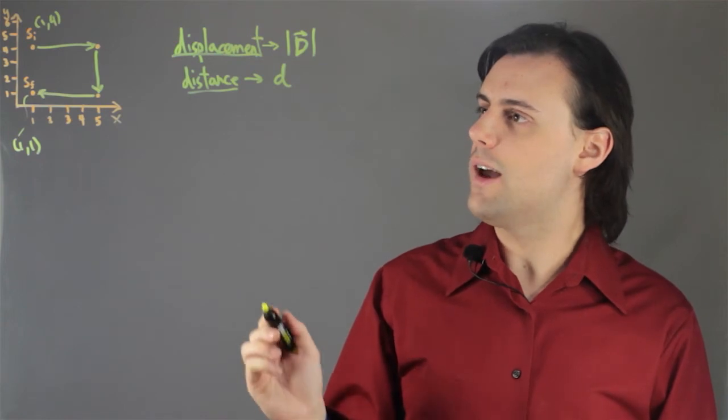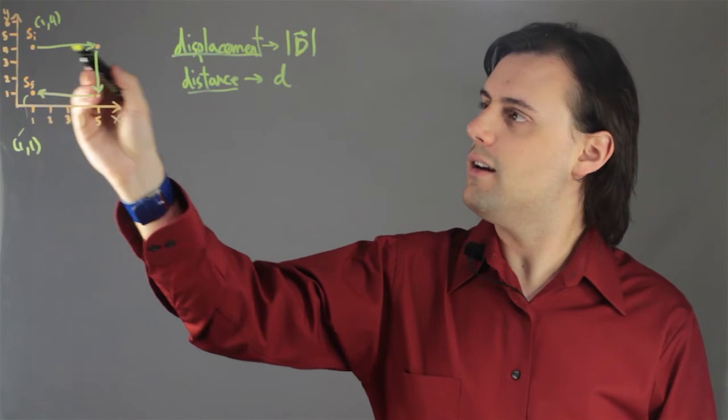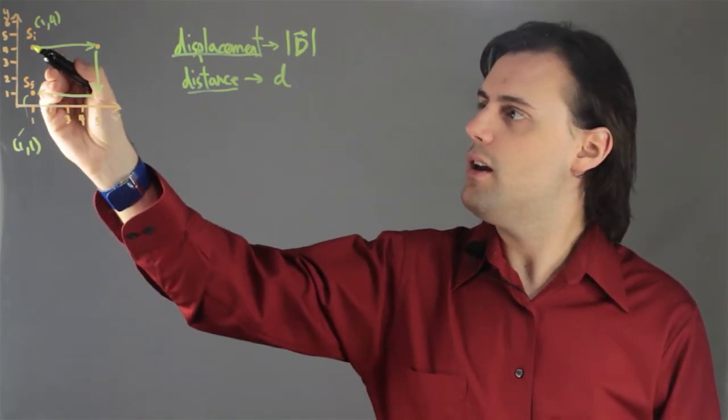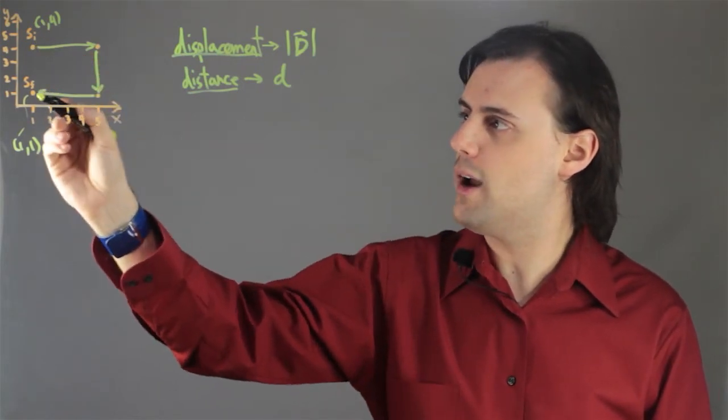So if I wanted to calculate the distance, all I have to do is sum up the magnitudes of the 3 arrows. It represents the total distance that I traveled from the initial point all the way to the final point.